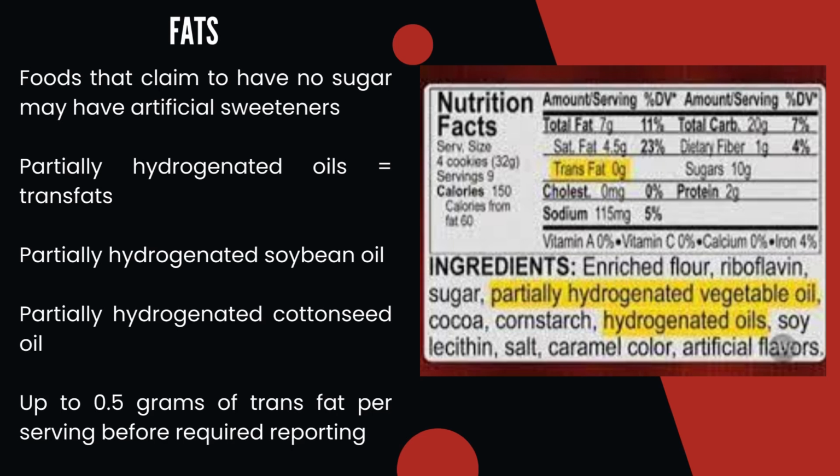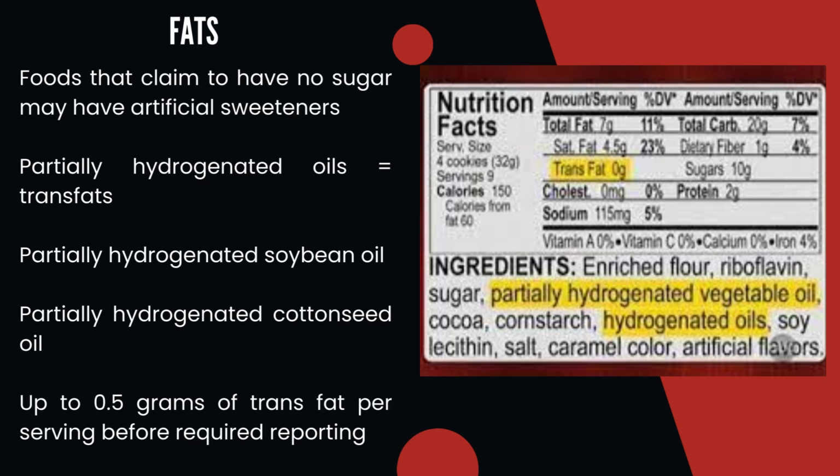My apologies. So fats. We always hear a lot about fats. You should always read the ingredient list for any fats or oils that have been partially hydrogenated. Okay. This term signifies that the product has trans fats. Partially hydrogenated means trans fats.